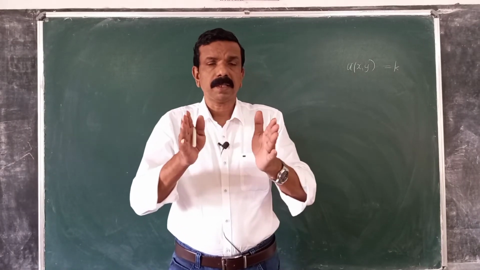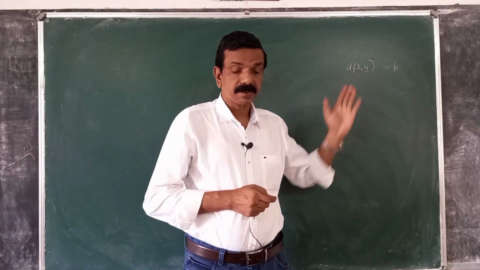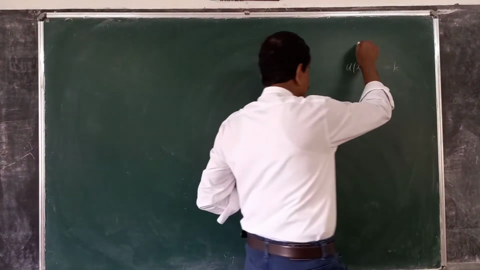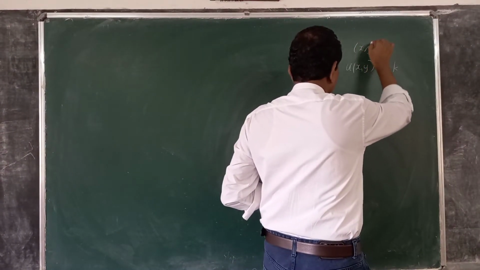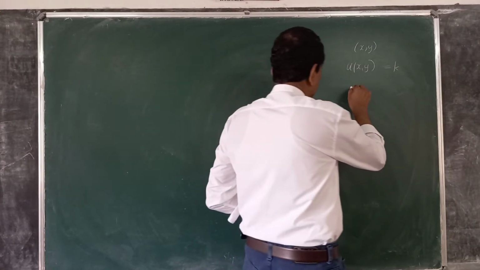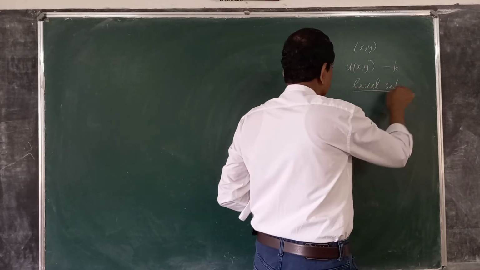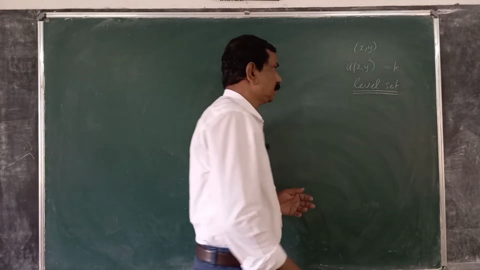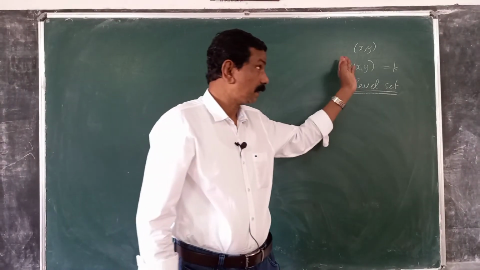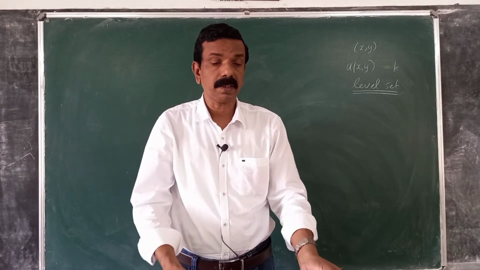In the language of mathematics, the set of all (x,y) such that u(x,y) is a constant is known as a level set.